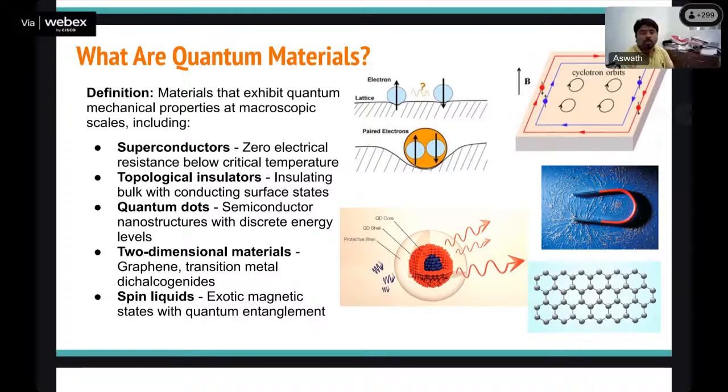Here in this slide, you see there is a definition of quantum materials. It says materials that exhibit quantum mechanical properties at macroscopic scales. The statement is very interesting.